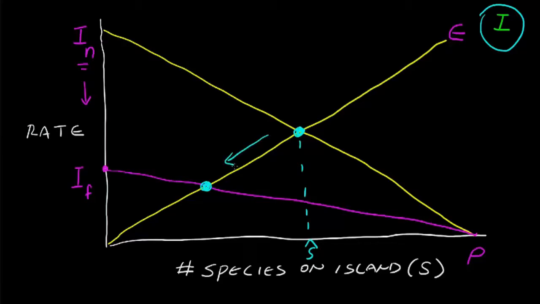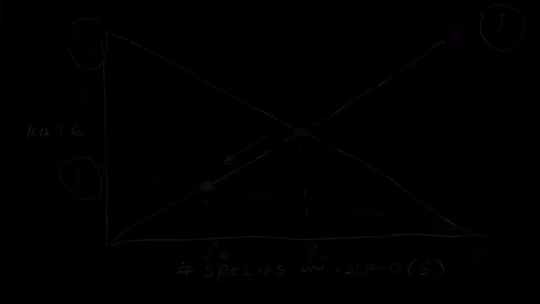So our equilibrium point shifts to the left. And so our S hat for faraway islands is less than our S hat for nearby islands. In other words, those islands that are far away will have less species richness than those islands that are nearby. Does that make sense?